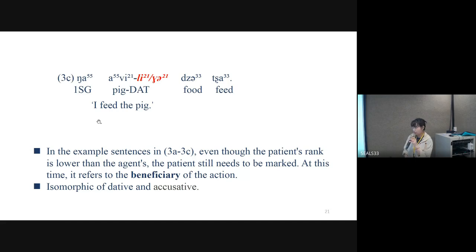So in this situation, even though the patient's rank is lower than the agent's, the patient here needs to be marked. But at this time, it must refer to the beneficiary of the action. So we can say the dative marker and accusative marker are the same mark, using the same mark.